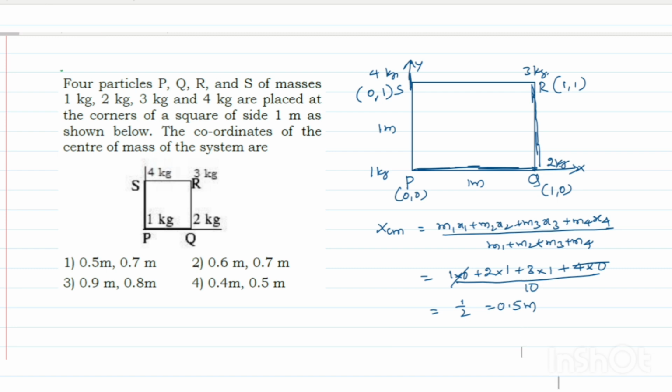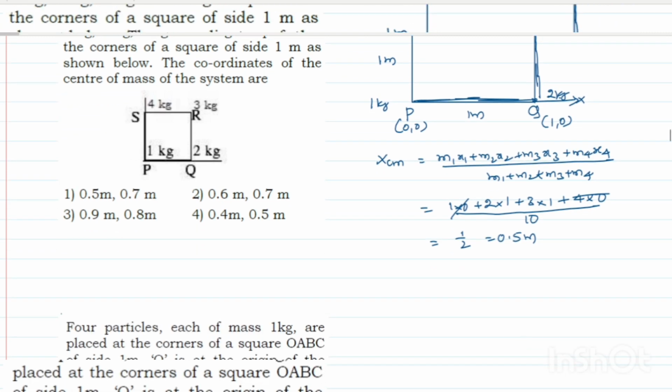In the same way, YCM also you have to calculate, students. YCM is M1 Y1 plus M2 Y2 plus M3 Y3 plus M4 Y4, by M1 plus M2 plus M3 plus M4.